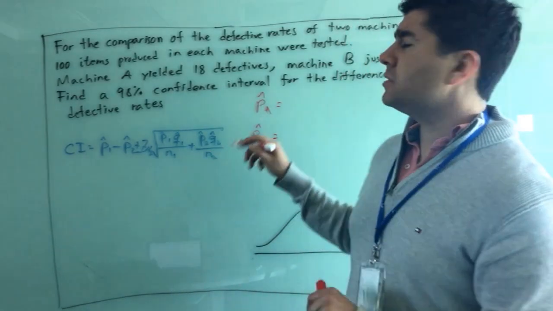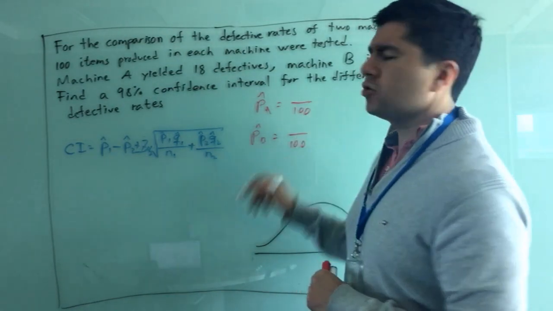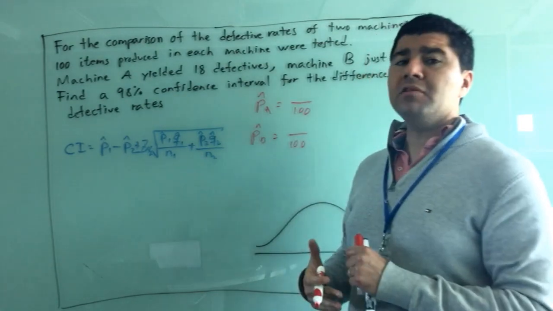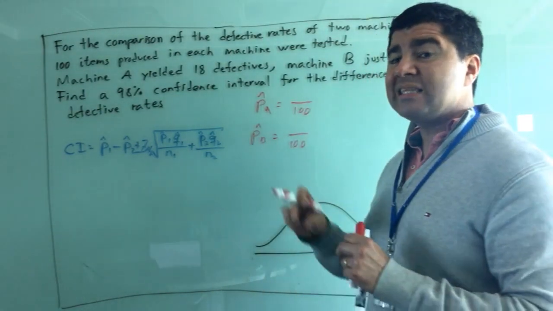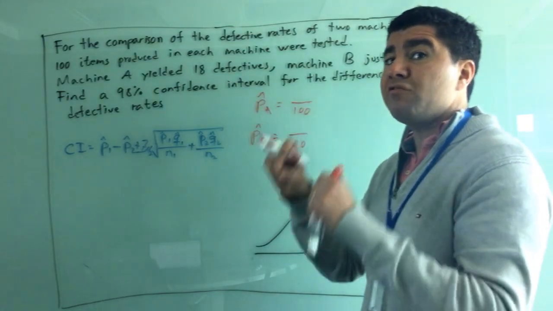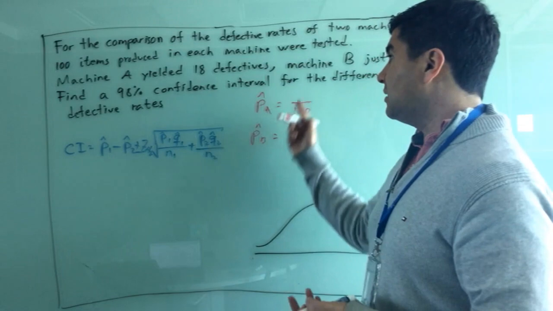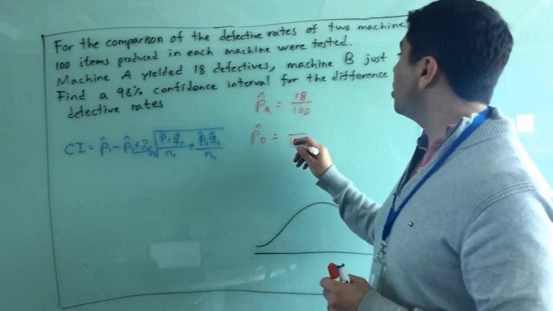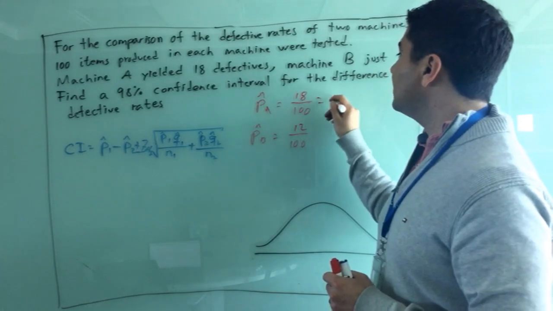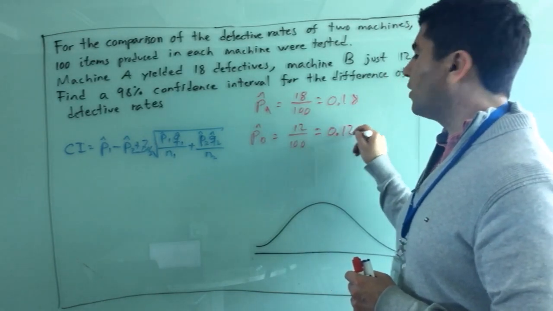In both cases, we're analyzing 100 items. That's the denominator, just as in probability theory we saw. In the numerator, it's the amount of items that are in fact defective, because that's what we want to find out. In the first case, it is 18, as in the second one, it is just 12. It means that this is going to be 0.18, and this is going to be 0.12.